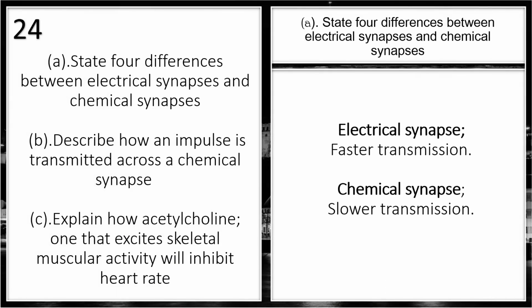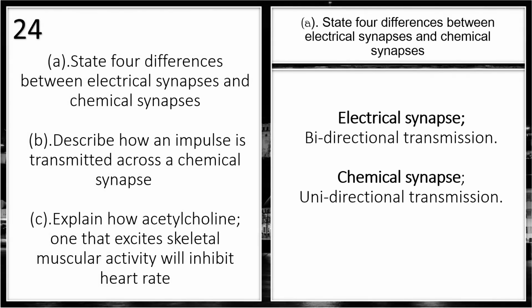Electrical synapse transmission is faster. In chemical synapse, there is slow transmission. Electrical synapse, bidirectional transmission occurs.